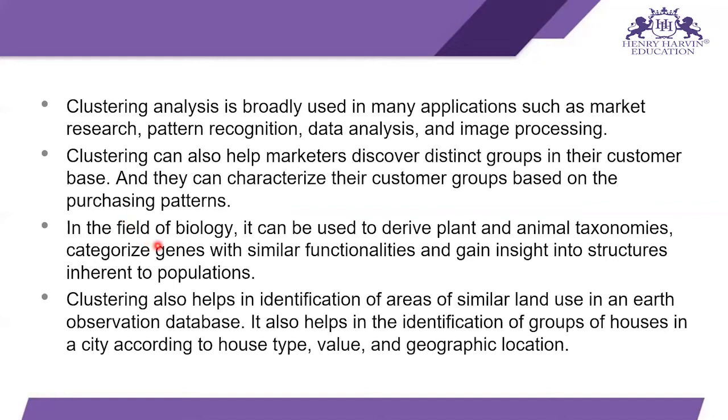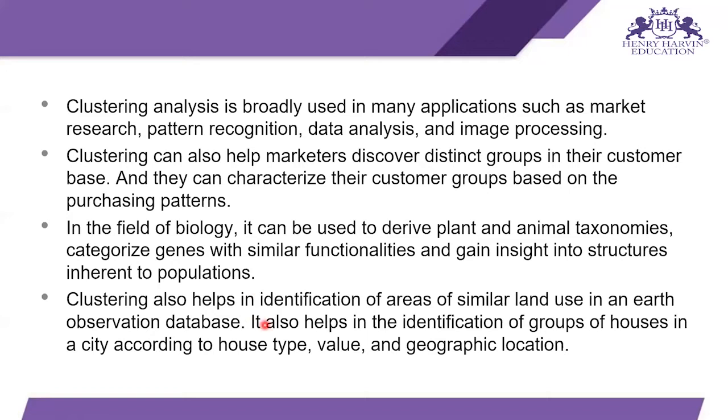And in the field of biology, it can be used to derive plant and animal taxonomies, characterize genes with similar functionality, and gain insights into structures inherent to populations. So also in biological things, clustering techniques are used.